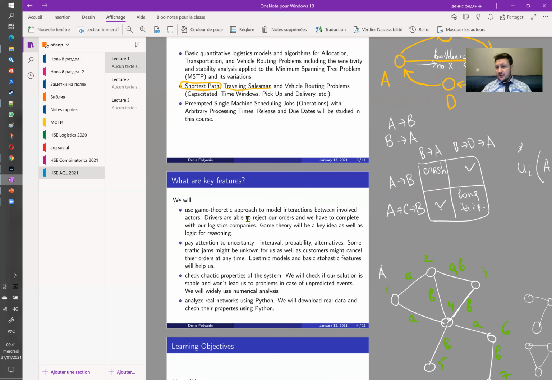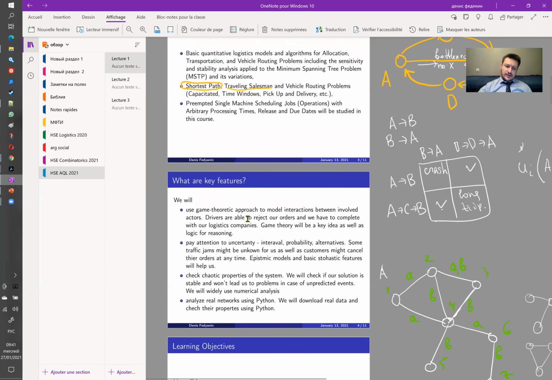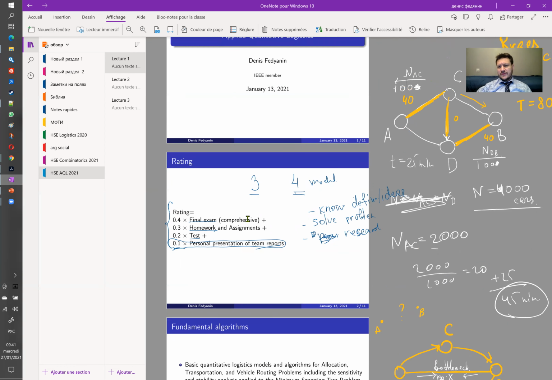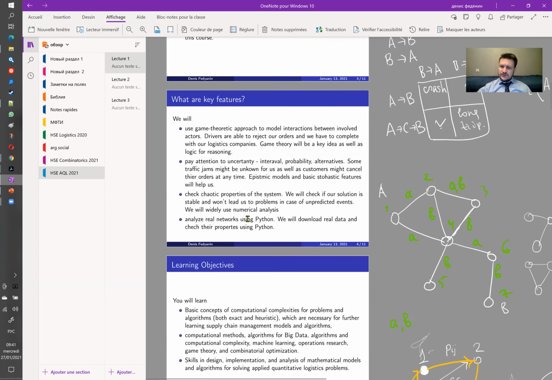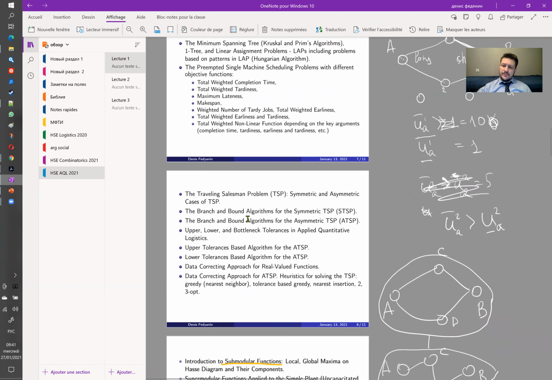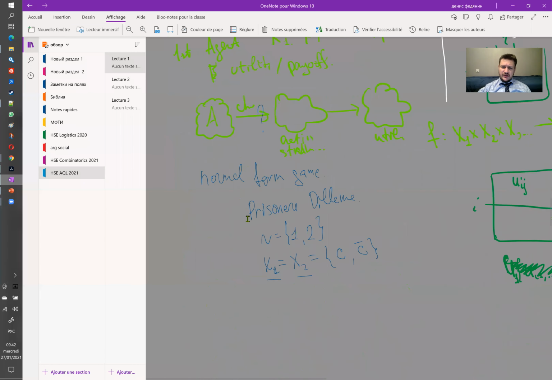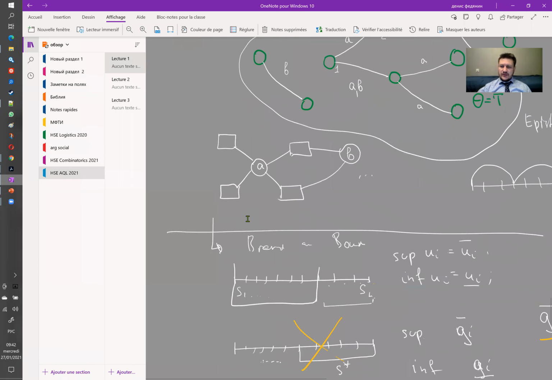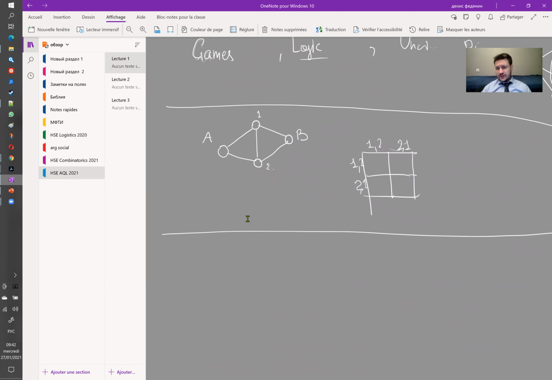We will use game theoretical ideas, uncertainties, maybe chaotic things, networks, and I think that we will have time to use Python to develop some software and some small project. In the first lecture I told about several problems that we have: logistic paradoxes, equilibriums, NP-hard problems, uncertainty, logic, motivation, and so on, epistemic logic, epistemic games.